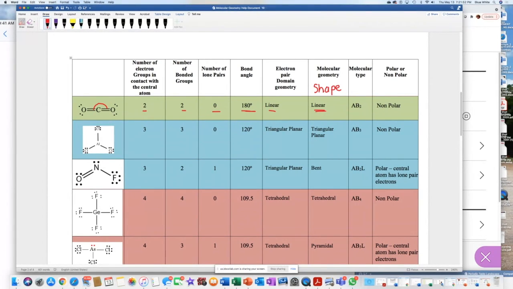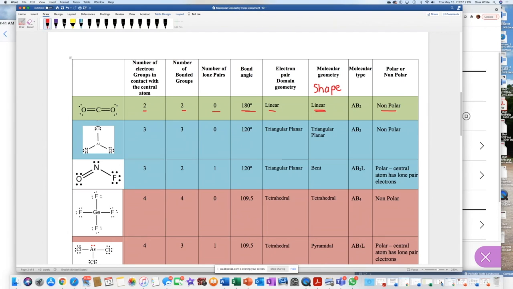Okay, at some point we'll talk about polarity, so I'll come back to this. But while I'm here and this chart is open, I want to talk about polarity, right? Because essentially that's what we're going to be ending on in this chapter. This says this molecule is actually nonpolar. When you're judging the polarity of a molecule versus a bond, you want to look at the surrounding groups.